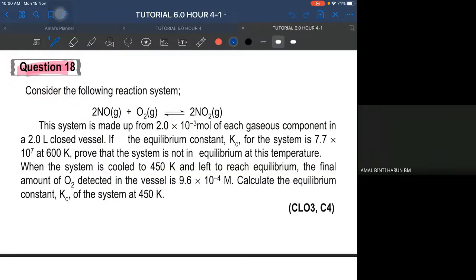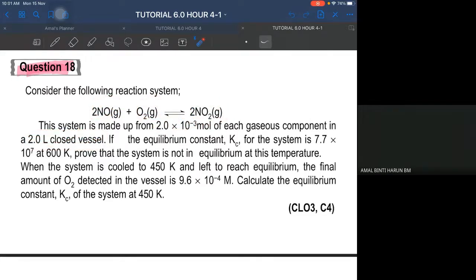Kita tengok soalan 18. The system is made up of the number of moles of each gaseous component in a 2 liter vessel. That means this one is the initial one. Kenapa dia bagi initial mole bagi setiap gas ni?